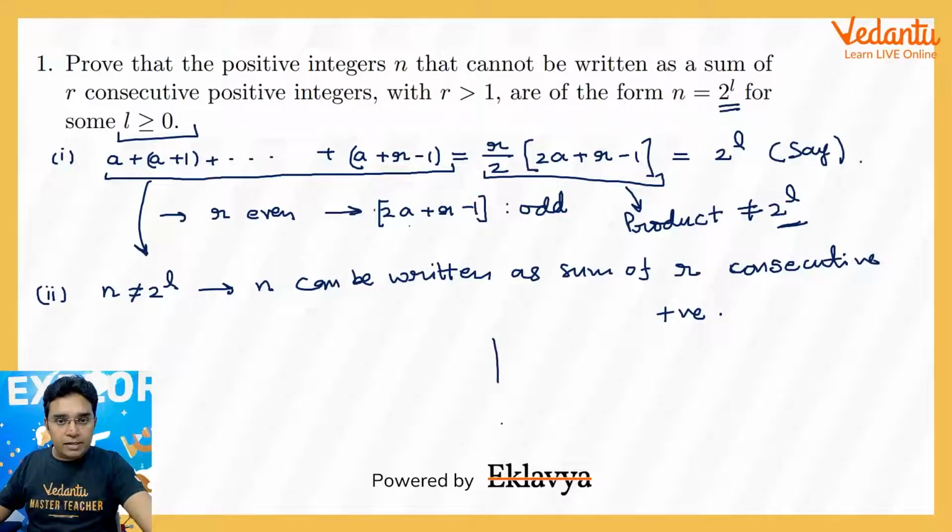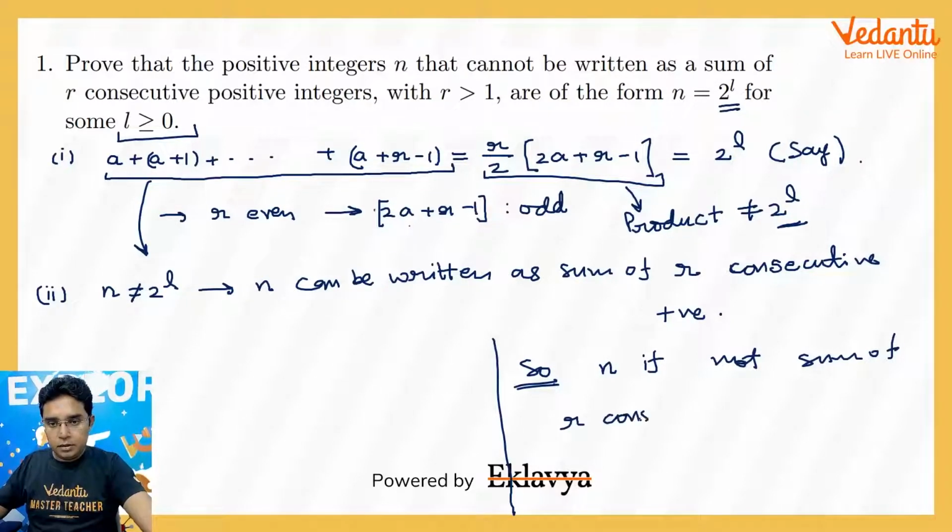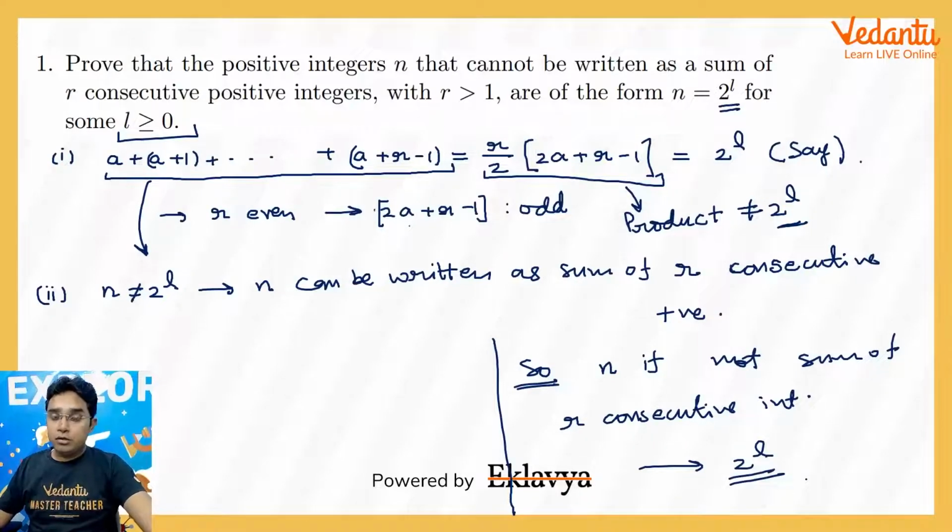So I think we can say very safely that n, if not a sum of r consecutive integers, has to be 2 raised to the power l. So this completes the solution of this question.